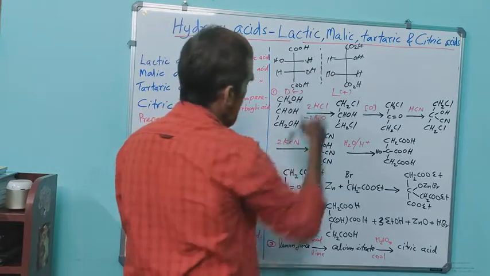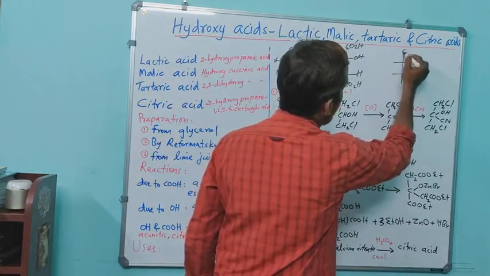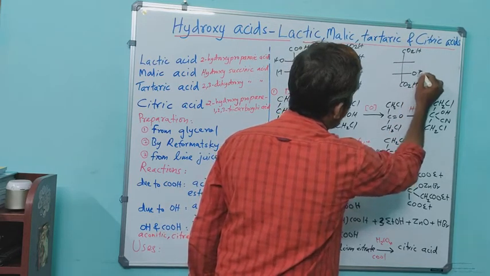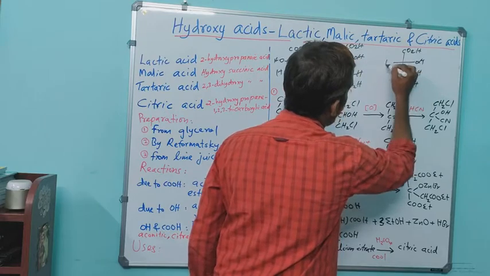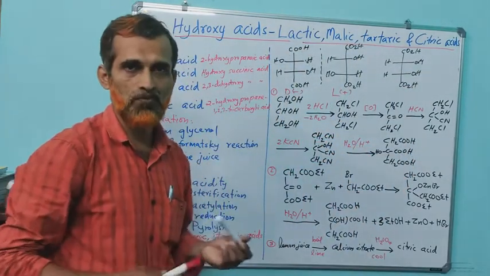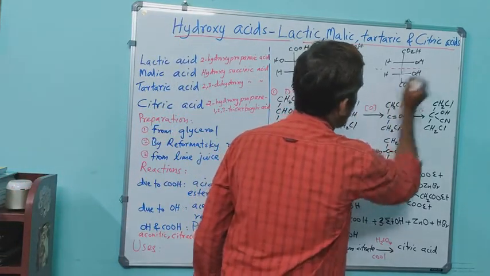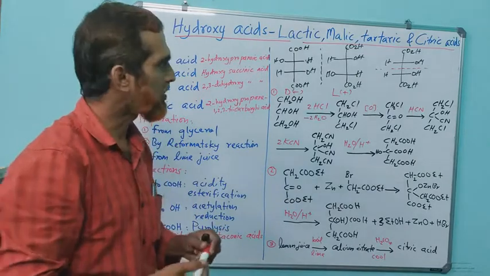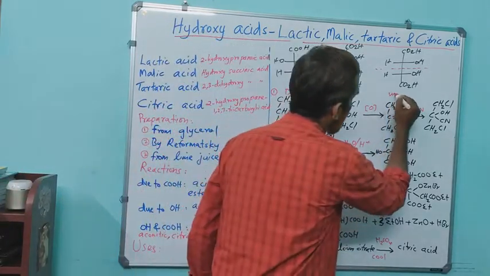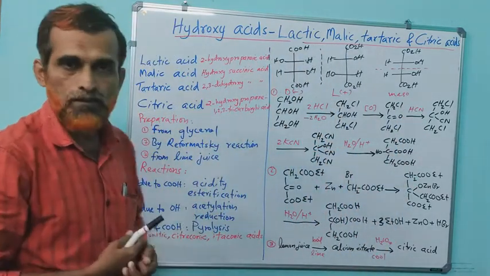If both OH are on the same side, you get another isomer, CO2H, CO2H. OH is on the same side. What is the speciality of this isomer? This is optically inactive. Why? Because of the presence of a plane of symmetry, you know that. Internal compensation. So this is called the meso form, meso-tartaric acid. So that's about these three members.